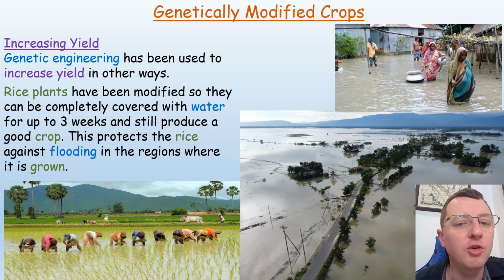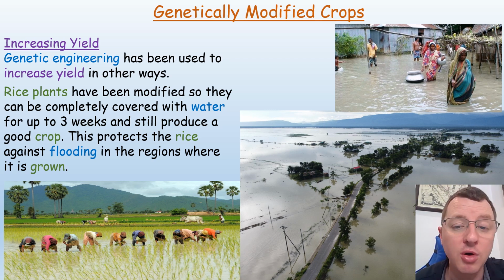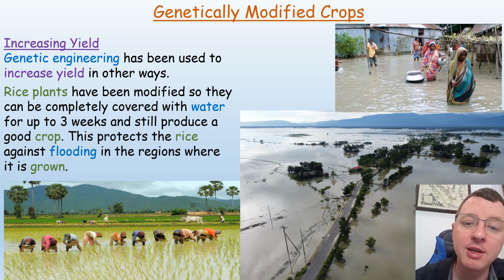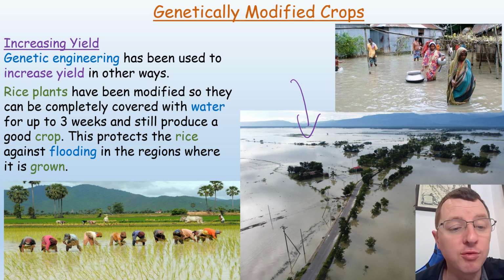Genetic engineering has also been used to increase yields in other ways. For example, rice plants have been modified so that they can be completely covered in water for up to 3 weeks and still produce a good crop. This protects the rice against flooding in regions where rice is grown. For example, here you can see floods in Bangladesh, where the main river flowing through the country has flooded, and those floods will often last for weeks at a time.